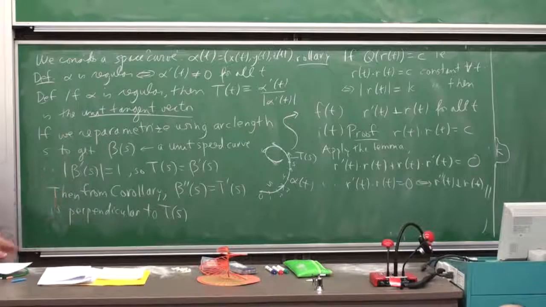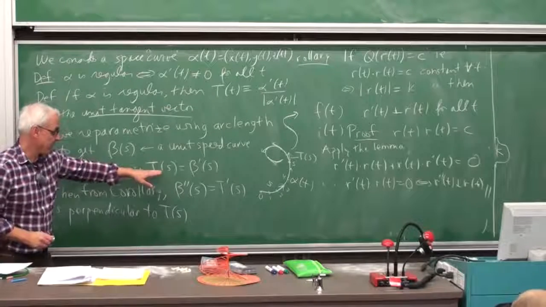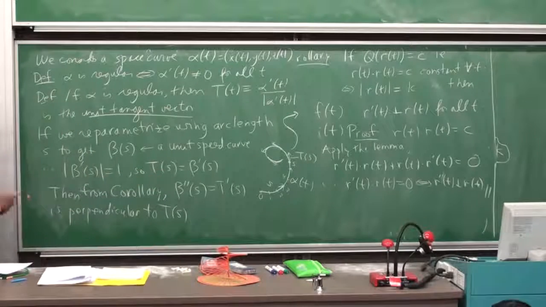All right, so our lemma says that if we have a vector function which always has the same length, in this case T of S always has length 1, then its derivative is going to be perpendicular to itself.